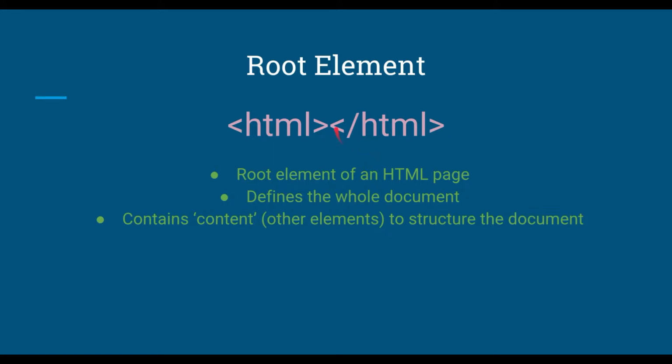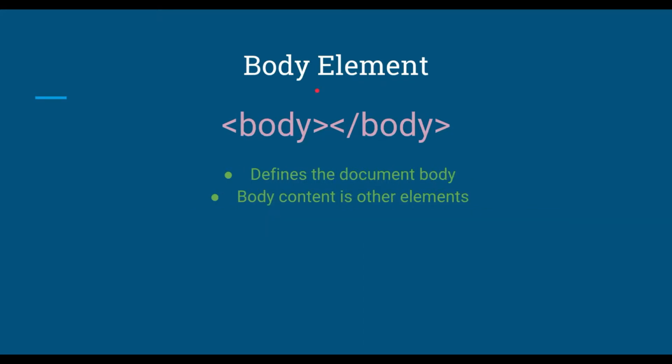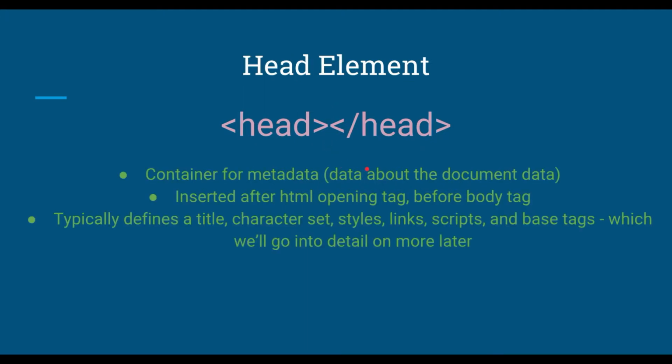Now, the root element is the HTML element itself, and it defines the whole document. It contains content which are built with other elements to structure that document. The body element defines the document body. Again, this is built with elements inside of it as content to really build out that document body structure. The head element is a container for metadata.